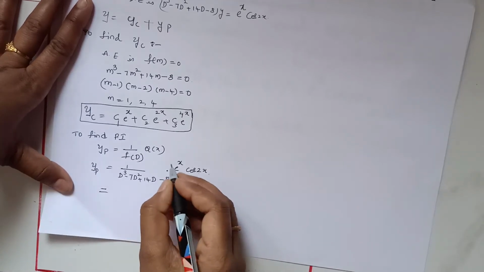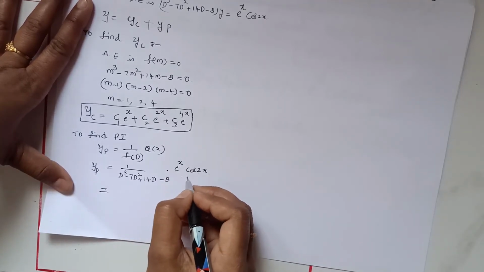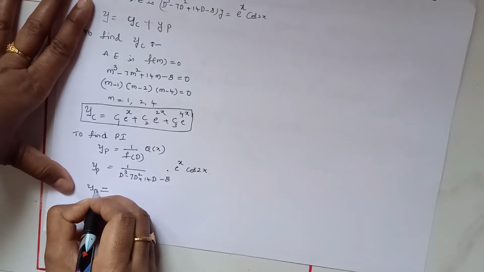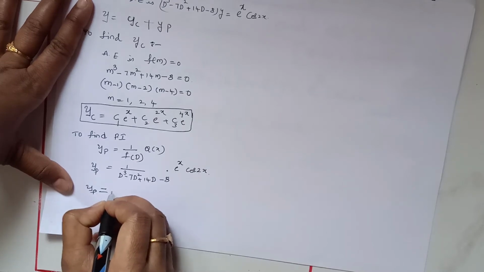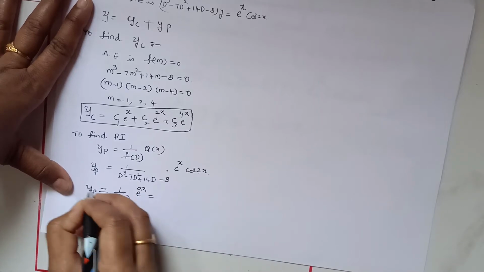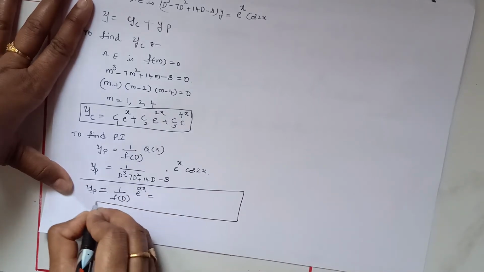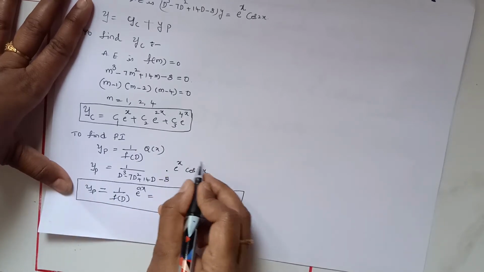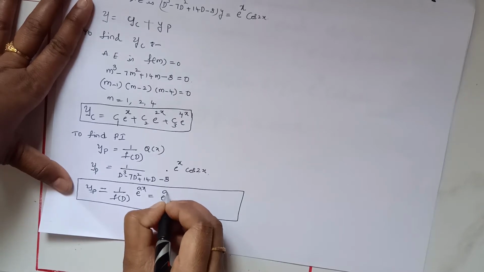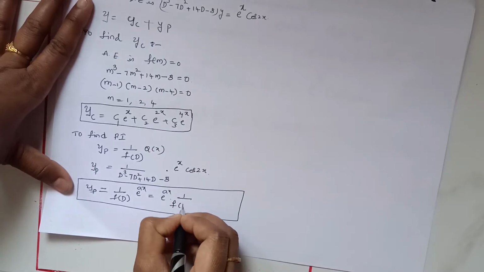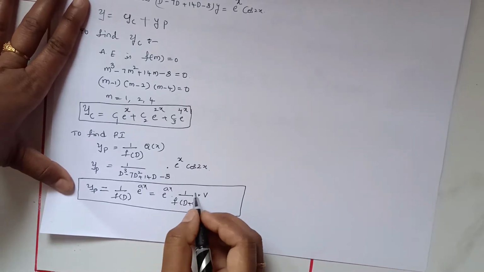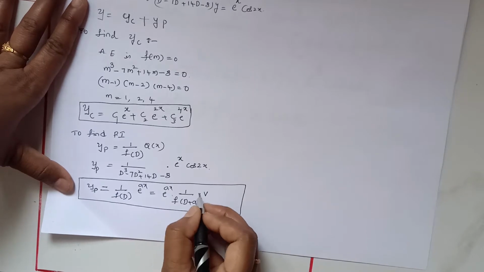Remember, whenever you have Q of x in the form e power ax into v, the particular integral yp is equal to 1 by f of D into e power ax into v, and this is the formula which we have to use: e power ax into 1 by f of D plus a into v.